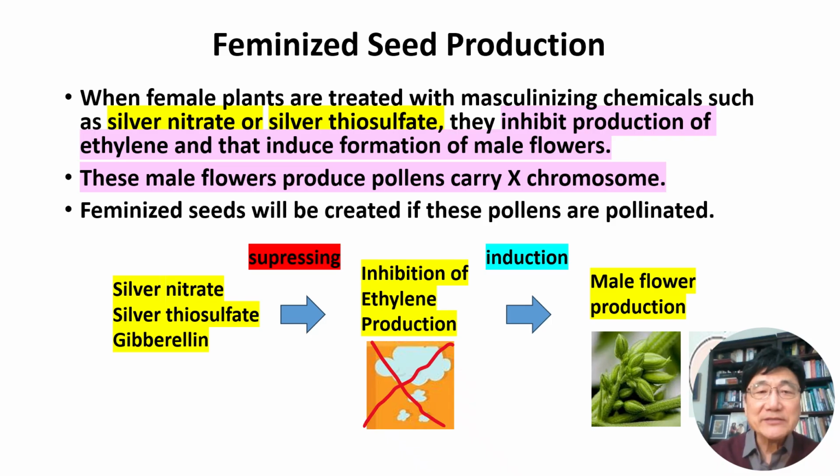When female plants are treated with masculinizing chemicals such as silver nitrate and silver thiosulfate, they inhibit the production of ethylene and that induces formation of male flowers. These male flowers produce pollen that carries the X chromosome. Feminized seeds will be created if this pollen is pollinated on female flowers.